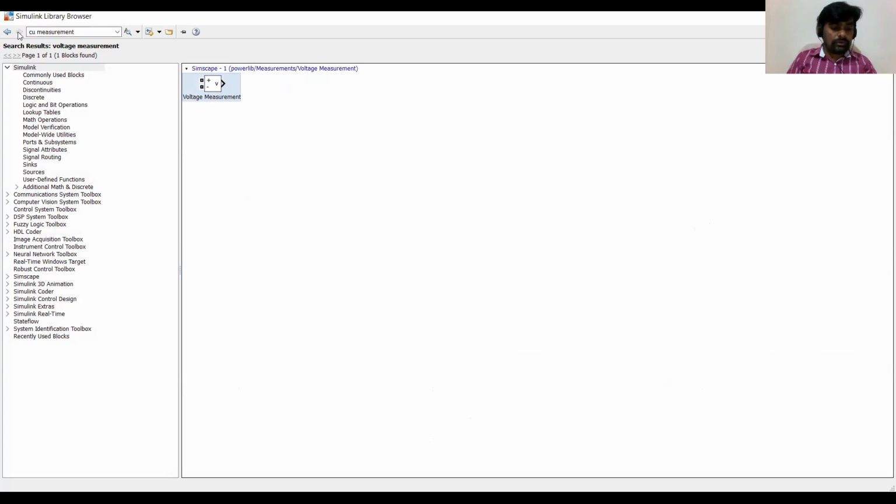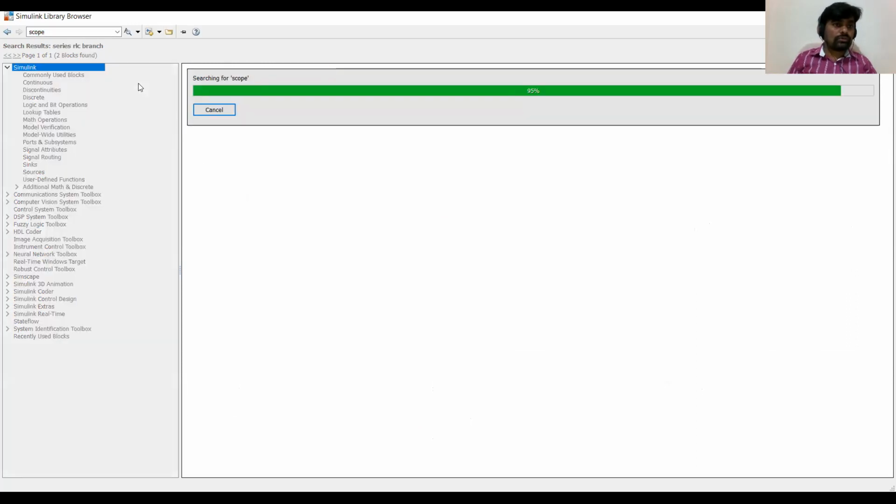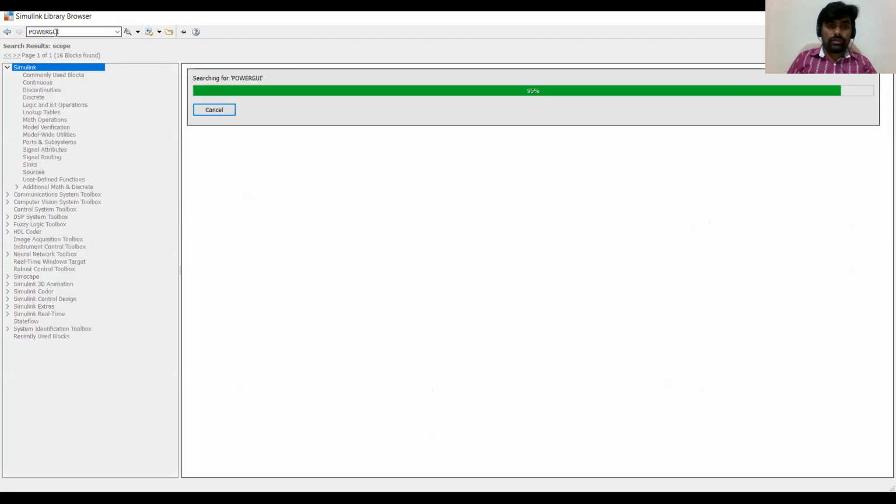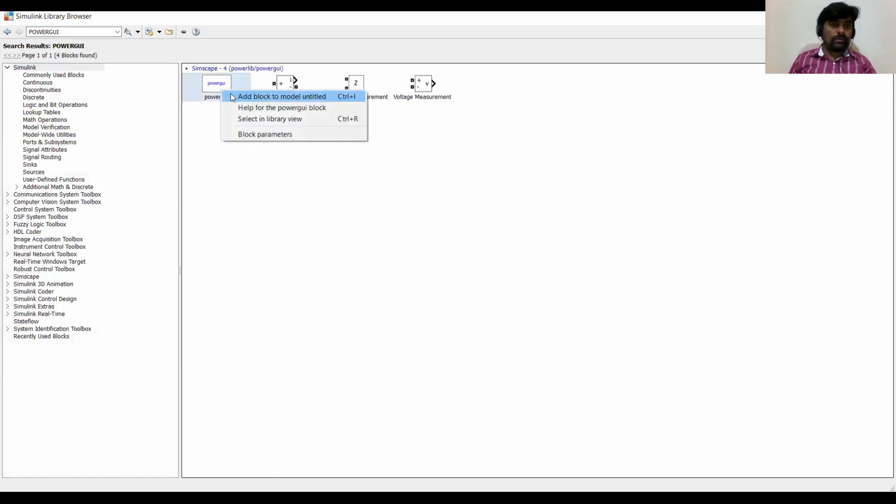Then I will go for current measurement block. And then series RLC branch. So that is our load. Okay, and I will also add scope to see all the waveforms. Then to run the model, I will go for powergui. This will run the complete model.